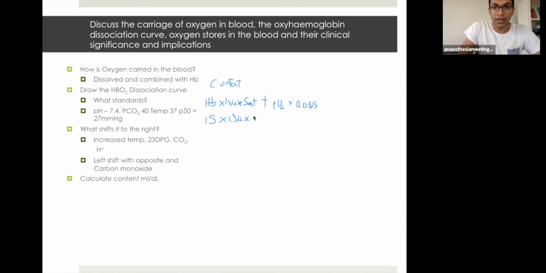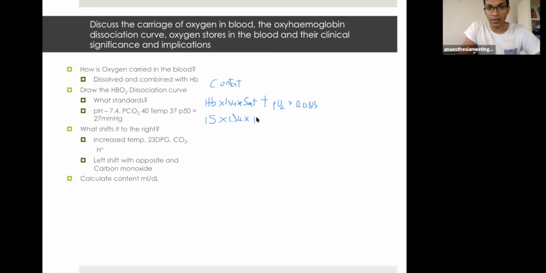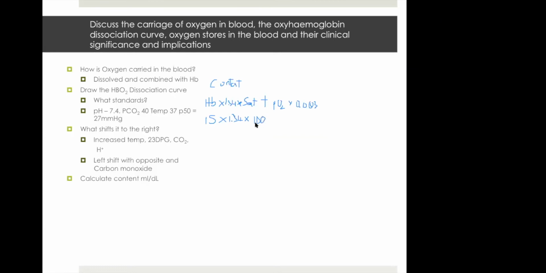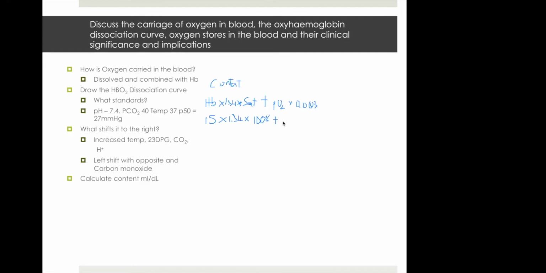So 15 grams per deciliter times 1.3 times, let's say 99%, so it's expressed as a fraction, 0.99. Let's just go 100, makes it easier. Okay, yep, we can do 100, which is 1. Plus, so if we are saturating 100%, that's slightly higher than 100, but let's call it 100 for PO2.